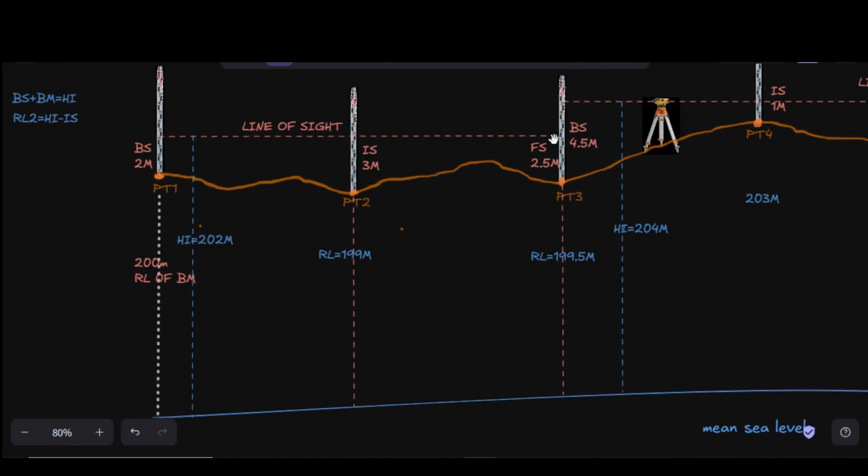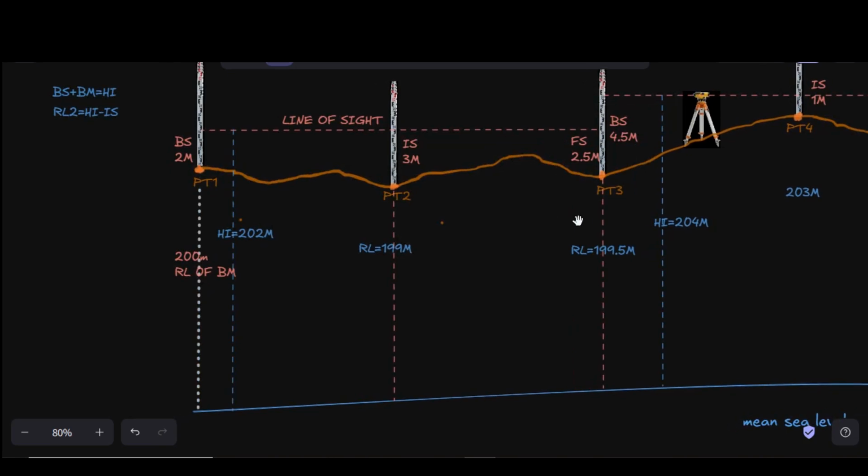Similarly, on point 3, once we add this small space here, called foresight, plus this final RL together, then we'll determine the same height of instrument. Then we'll equate them and we'll see what it gives to us.